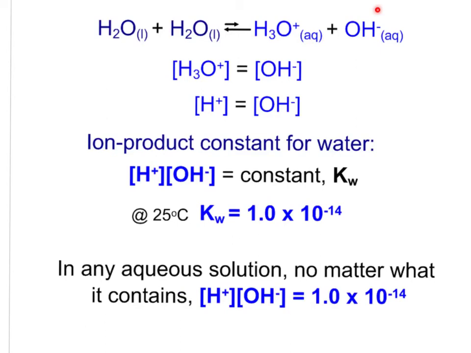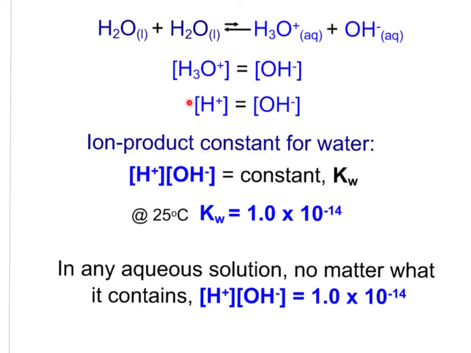When water dissociates into these ions, we know that the hydronium and the hydroxide ion concentrations will be equal to each other. That would be the same thing as saying the proton concentration is equal to the hydroxide concentration.